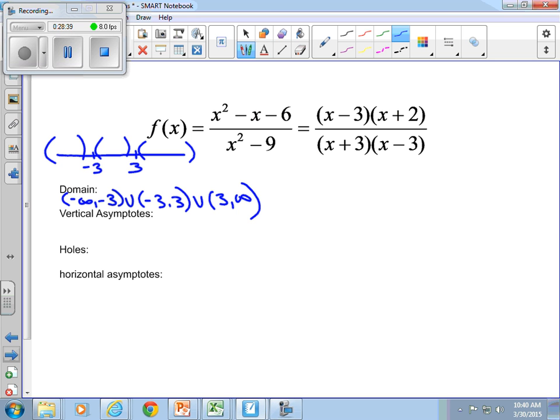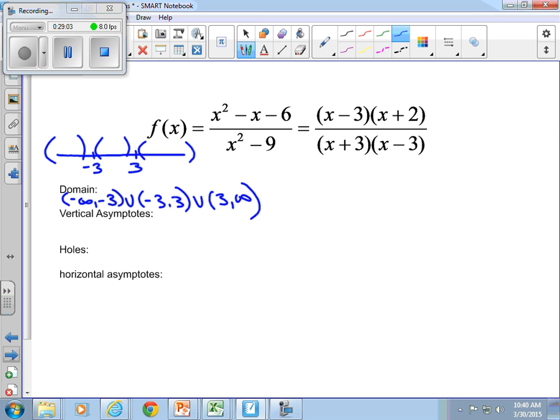So it could be anything from negative infinity up to negative 3, it could be anything from negative 3 to 3, and it could be anything from 3 to infinity. It just can't be negative 3. Yeah, very similar. You'll have to pay attention to what makes the denominator 0. Put that on the number line, but then from there, it'll be very similar.